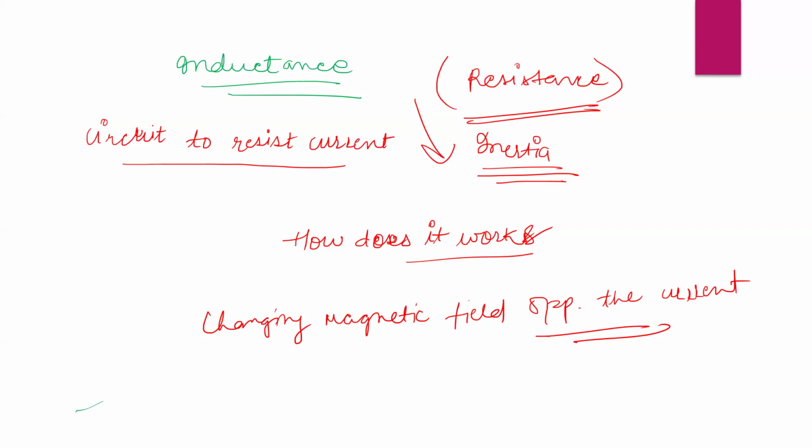We can take an analogy to understand this. Imagine water flowing through a pipe. If you suddenly try to stop or start the water flow, inertia resists the change. Similarly, in an inductor, changing current creates an opposing voltage resisting sudden change in the current.